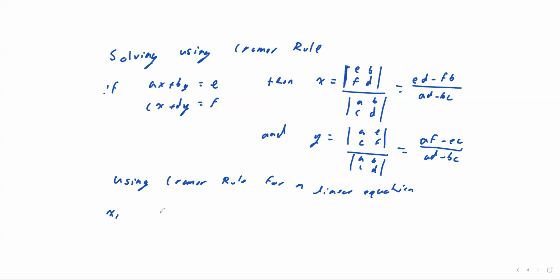So if we just call them all x's, we can say, well, x1 will be whatever the determinant of x1 is divided by d. And then x2 would be whatever the determinant of x2 is divided by d. And so on and so on. So then xn would equal the determinant of dxn over d. And so you can find infinitely many of them using Cramer's rule.